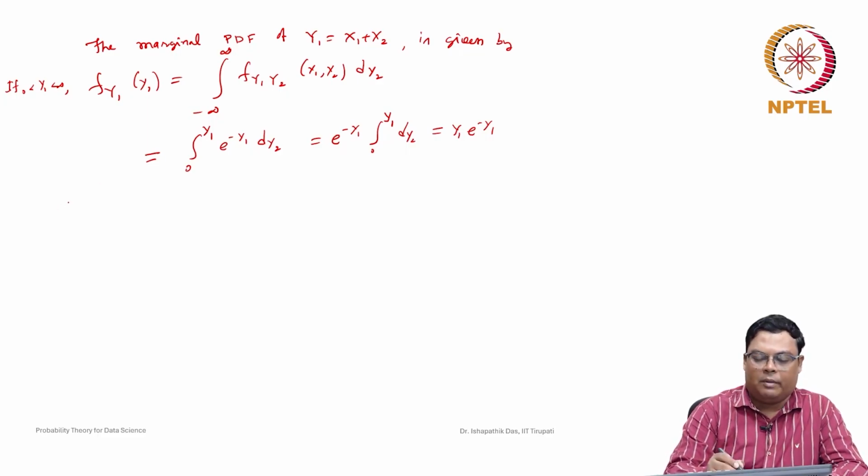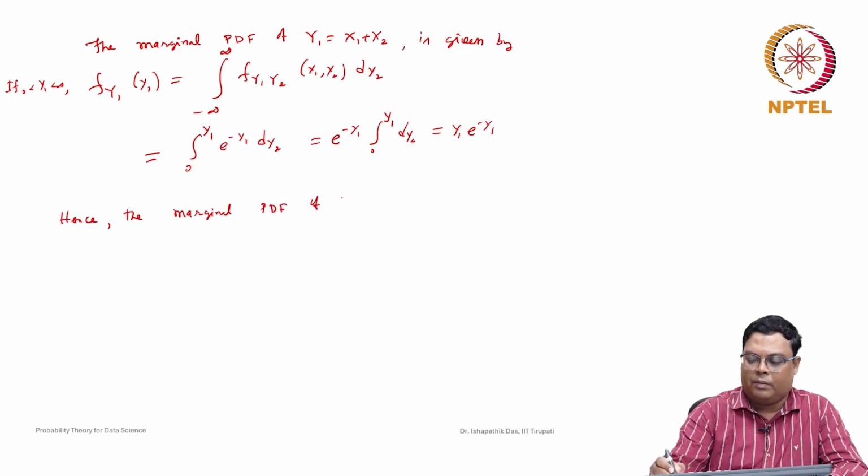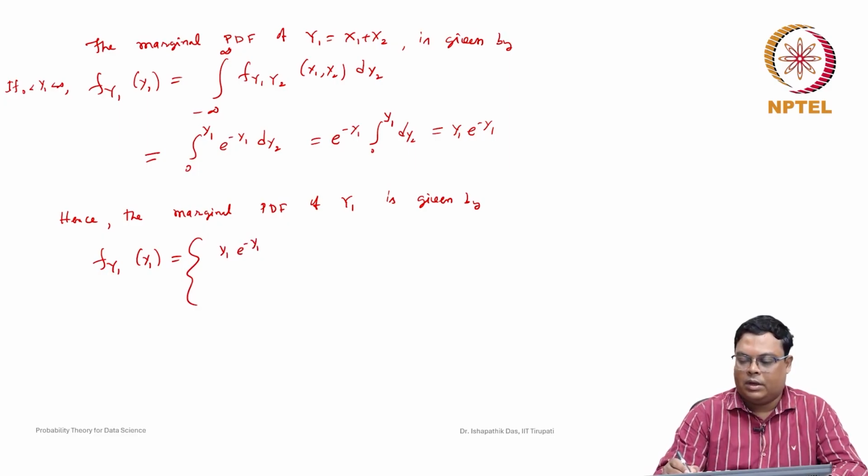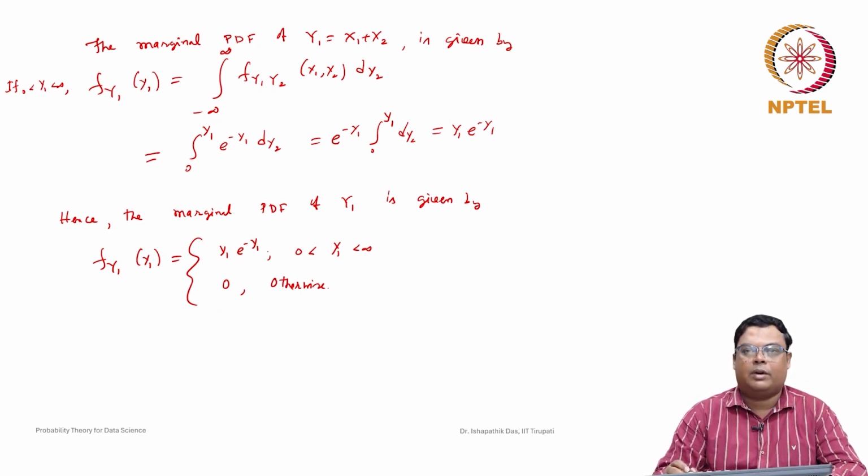So finally we find the marginal probability density function of y1, f of y1 of y1, is y1 e to the power of minus y1 whenever y1 is greater than 0 and less than infinity, and 0 otherwise. This is the density function we wanted to find.